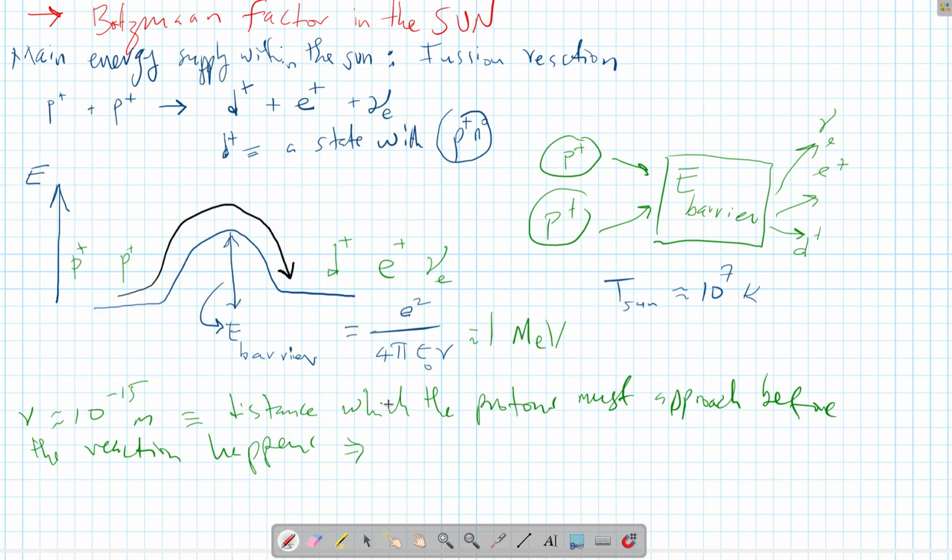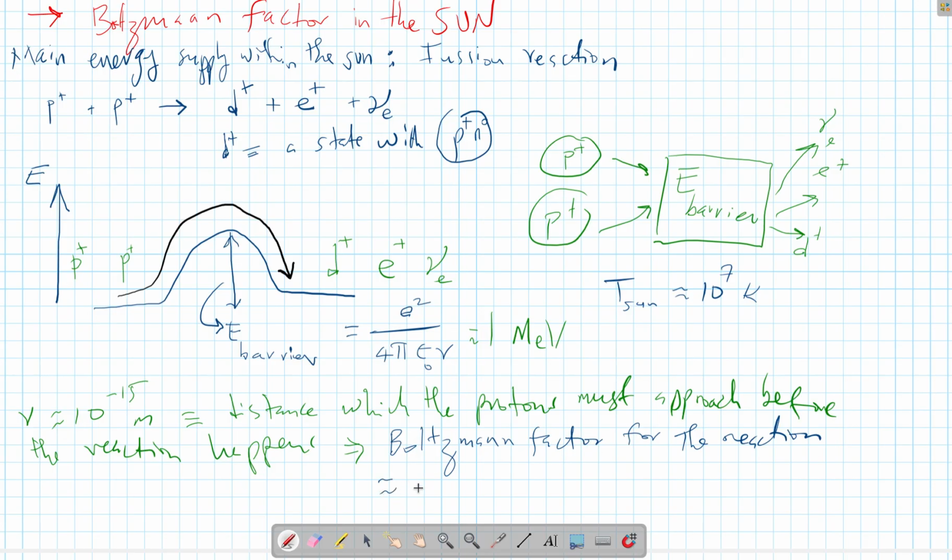then one can compute the Boltzmann factor for the reaction. The Boltzmann factor for the reaction is a sort of measure of the probability that the reaction is going to happen. So one can compute this.